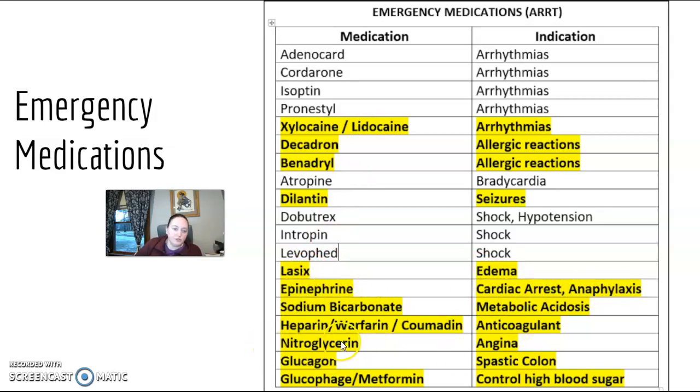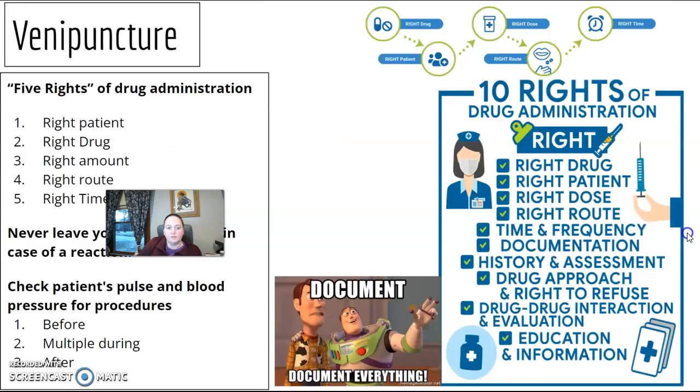Angina would be the nitroglycerin or nitro. You might have heard it in a shortened version. Spastic colon, glucagon. I don't know if you've ever done an ERCP where the patient was spasming. They had to give the glucagon, kind of settle it down so they could get through the ERCP. Things like that. So just an example of different types of medications.